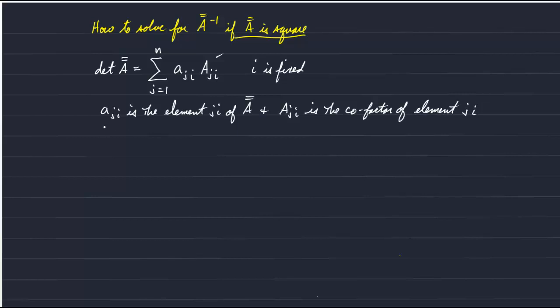And please forgive me for reversing j and i when we define each element. It's just for convenience that I do this, which you'll see shortly. And just to remind you, the cofactor is equal to -1 raised to the j plus i power times the determinant of the submatrix when the jth row and ith column is removed.